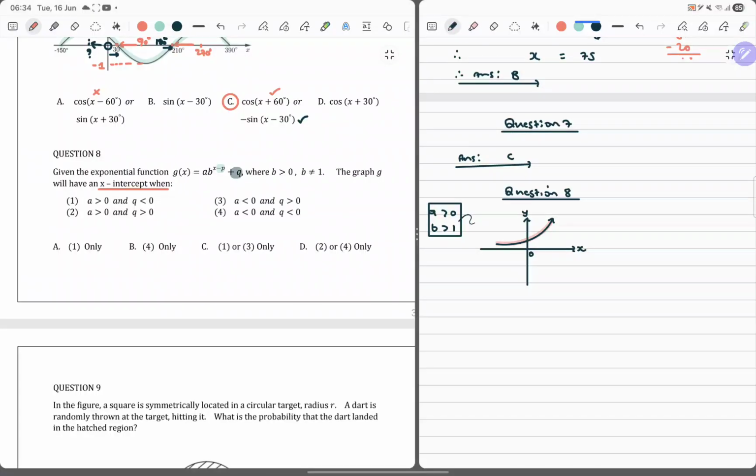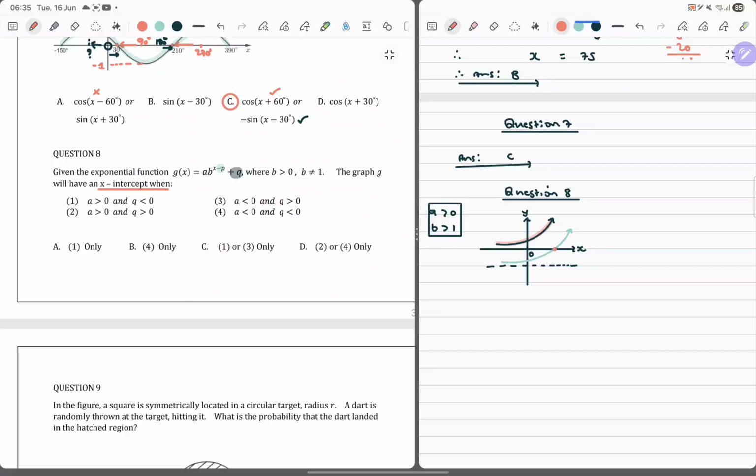But now, when would we have an x-intercept? This can only happen if we shift this graph vertically down so that the asymptote or the x-axis are now negative. This is when q is negative, because in this case we get a graph like this, sort of.